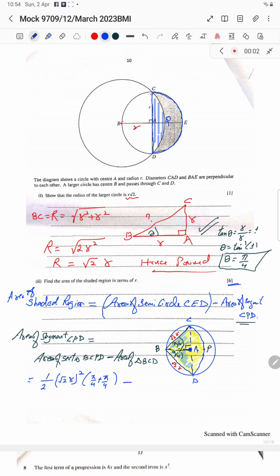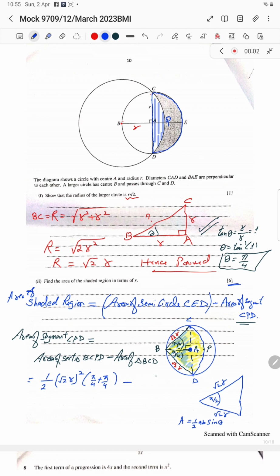What is the area of triangle BCD? Let me show you this working. This was pi by 4 plus pi by 4, which gives pi by 2, and these sides are root 2 r, again root 2 r. In our O levels, we know that half AB sine theta gives the area of this triangle, because it's not a right angle triangle.